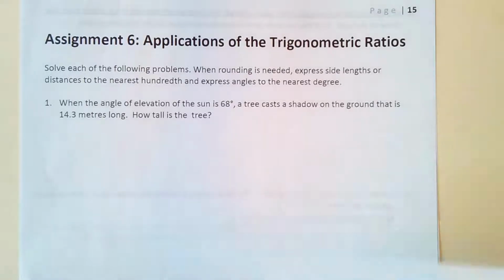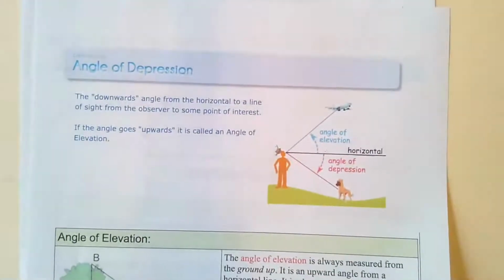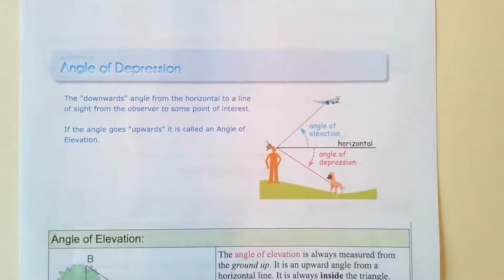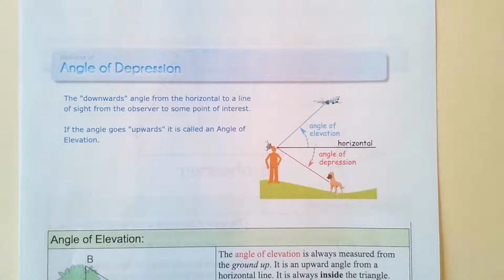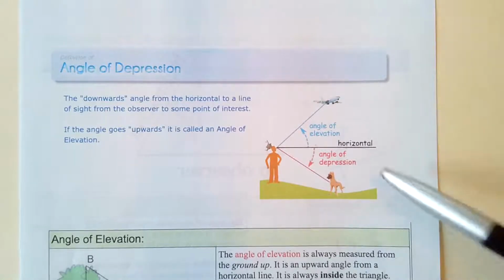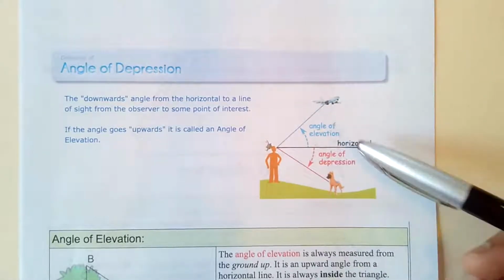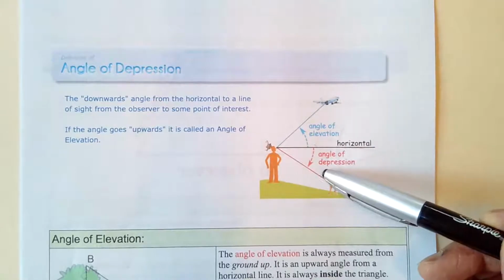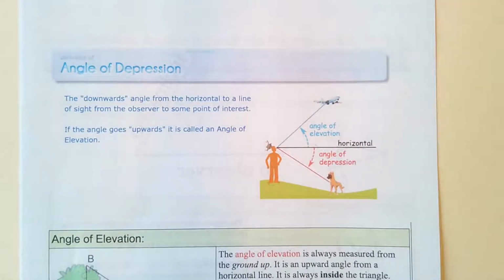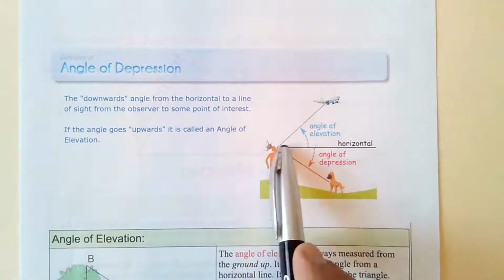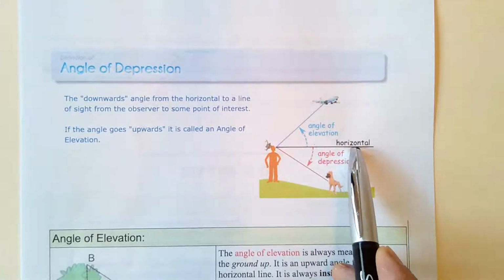Just to review, the angle of depression. If the angle goes upward, it's called an angle of elevation. If it goes downwards, angle of depression. And it's always from the observer's horizontal line of vision.